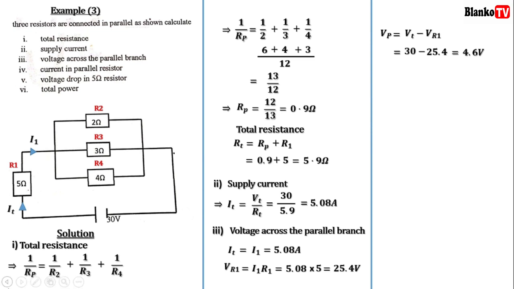So we can say that VP is equal to V2, the voltage across resistor R2, and is the same as the voltage across resistor R3, and is the same as the voltage across resistor R4, which is 4.6 volts. Why? Because resistors R2, R3, R4 are connected in parallel. I hope you understand.